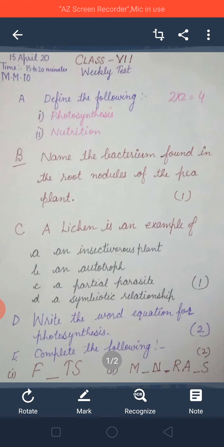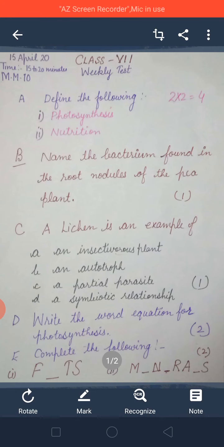So in the reaction, carbon dioxide plus water in the presence of sunlight and chlorophyll gives glucose and oxygen. And extra glucose is converted into starch, and that starch is stored in different parts of the plant such as leaves, stem and roots.